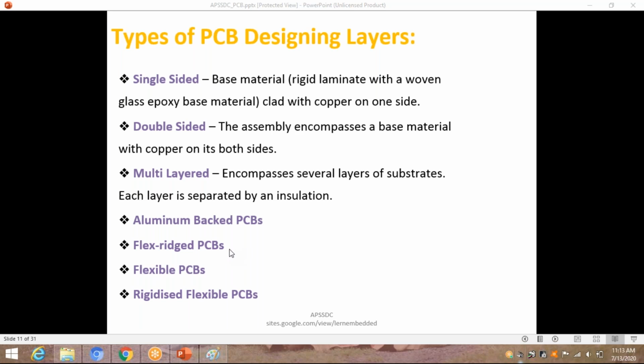You will know what this is. Flex rigid is a PCB which is both flexible and rigid. I will tell you an example. I think some of you are using laptops, right?